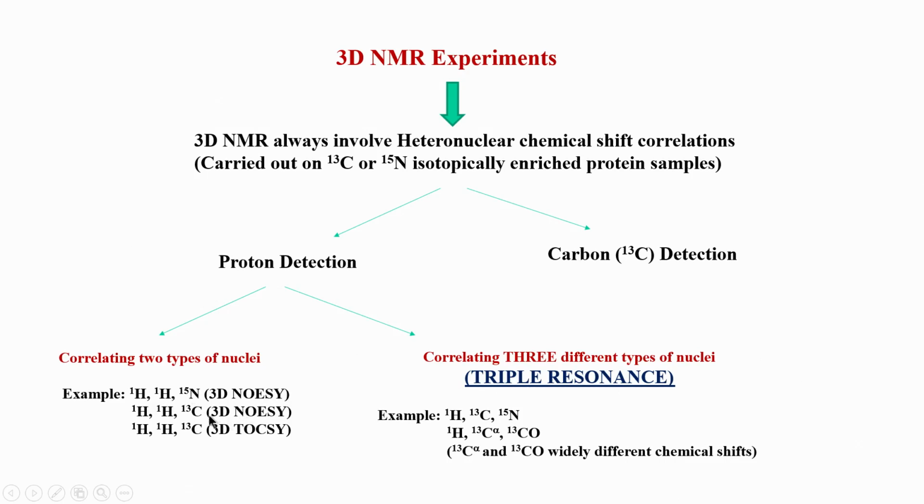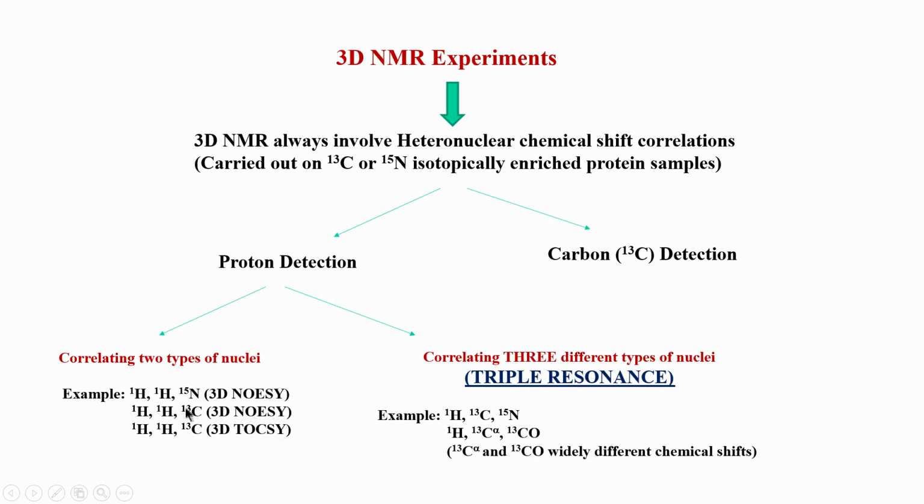You can also have a 3D carbon NOESY, where two dimensions are proton and one dimension is carbon 13, or a 3D HSQC TOCSY, which we saw in the previous class. There we have two dimensions proton and one carbon.